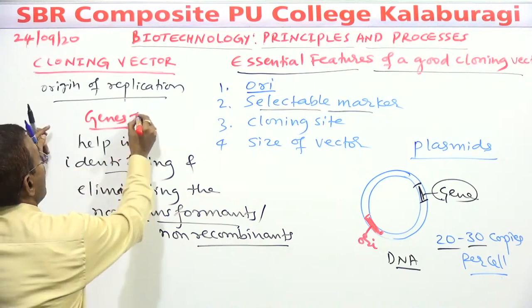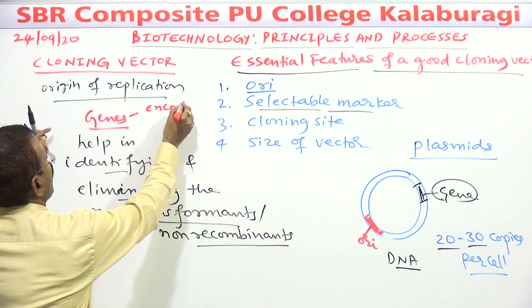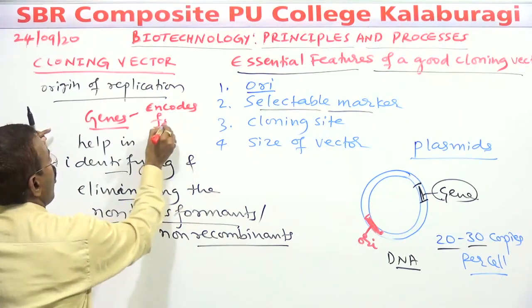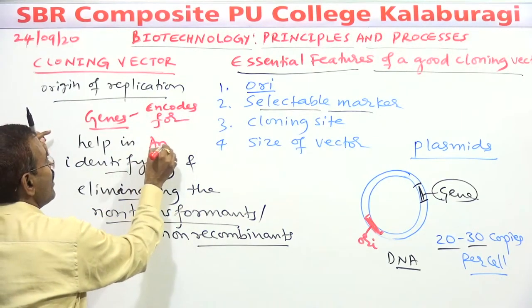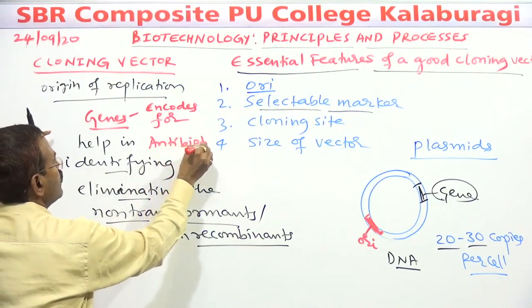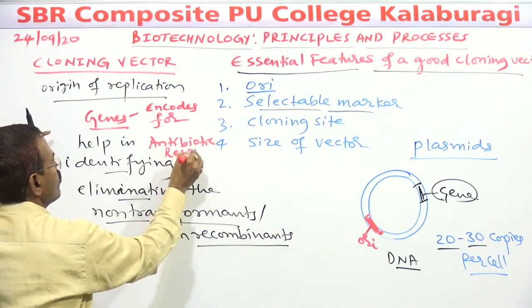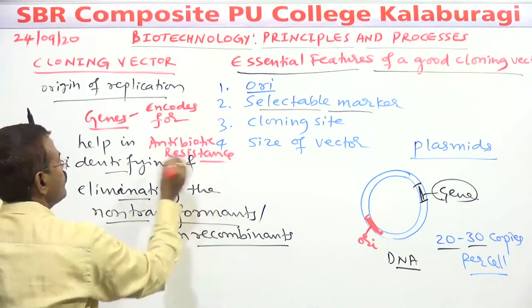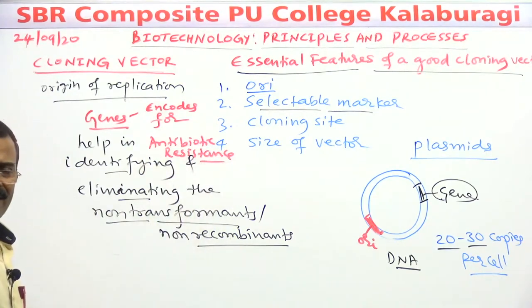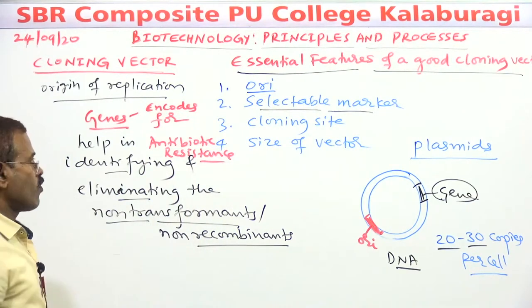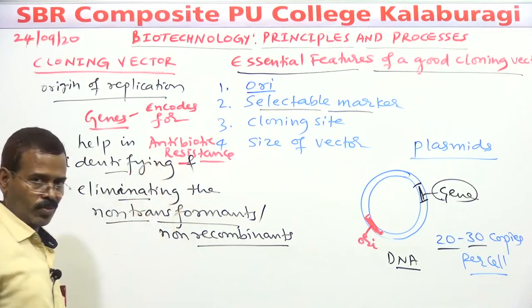Non-recombinant. Selectable markers are the genes that can code for antibiotic resistance. Remember, selectable markers are the genes which can code for antibiotic resistance.